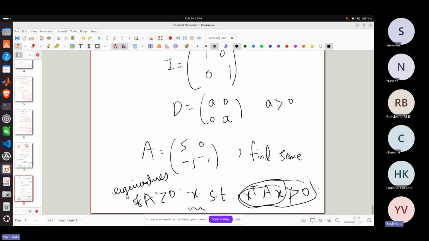Is that clear? Yes. Just seeing whether it's true. Like, if eigenvalues are strictly greater than 0, then it's positive definite, yes.